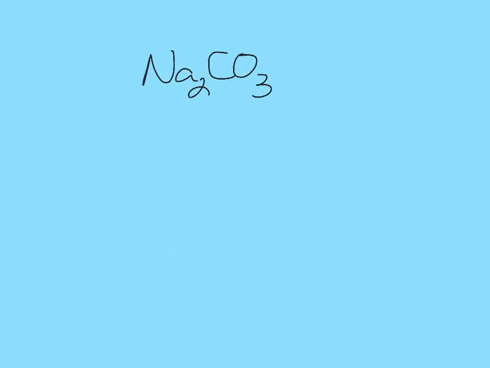How about this? Na2CO3. All right, so what is different here? Well, we have 1, 2, 3 capital letters. With 3 capital letters, this is telling me there are some polyatomic ions here. So let's go ahead and see if we can find these. I'm going to look on my periodic table. I can see Na, that is sodium.